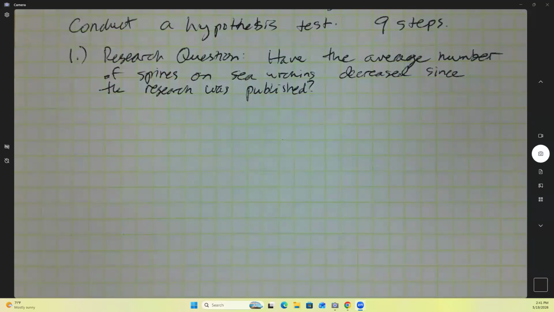In fact, we do have a great tool for exploring a research question that might say, what's the average mass of sea urchins? You wouldn't use a hypothesis test for that. What tool would you use if we just wanted to know what's the average weight or the average mass?